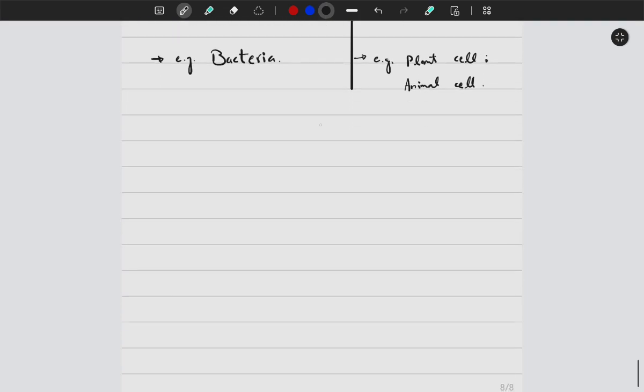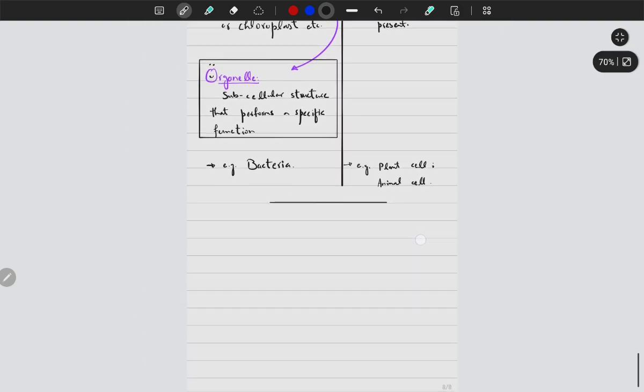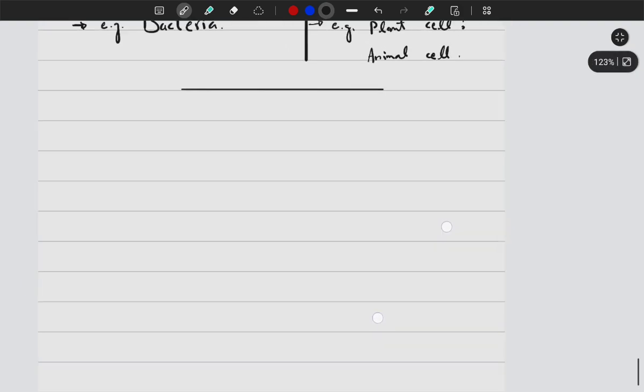Now, I want to end the lesson here. We did a little bit of difference between prokaryotes and eukaryotes, but before we move forward, I want to introduce 5 kingdoms to you.